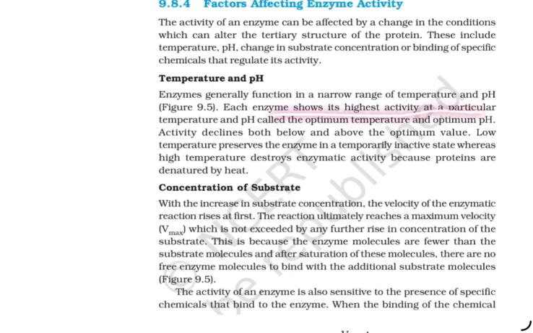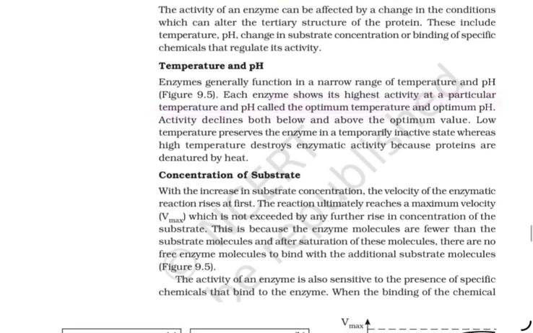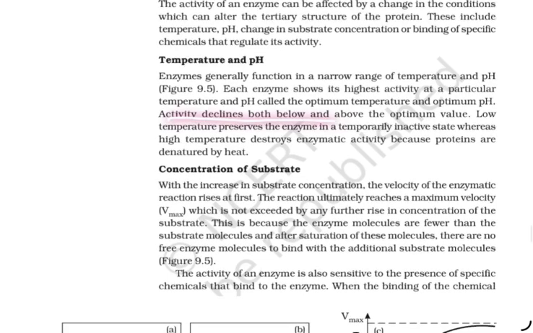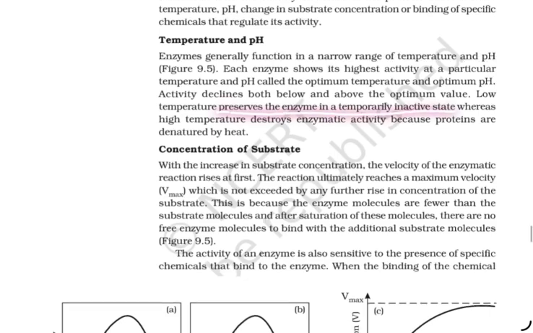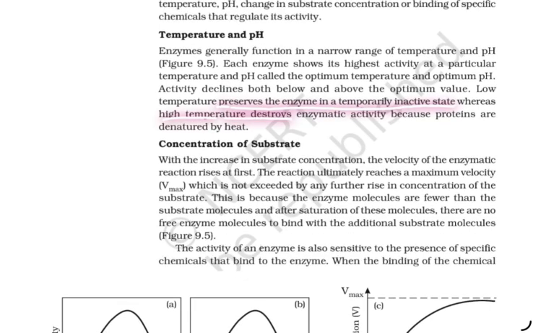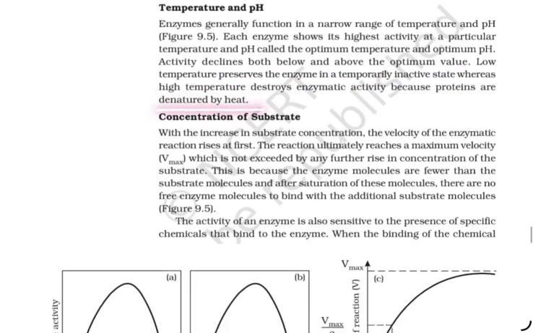Each enzyme shows its highest activity at a particular temperature and pH, called the optimum temperature and optimum pH. Activity declines both below and above the optimum value. A low temperature preserves enzymes in a temporarily inactive state, whereas a high temperature destroys enzymatic activity. Proteins are denatured by heat.